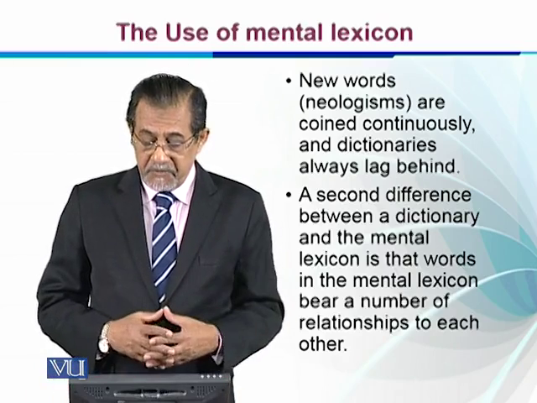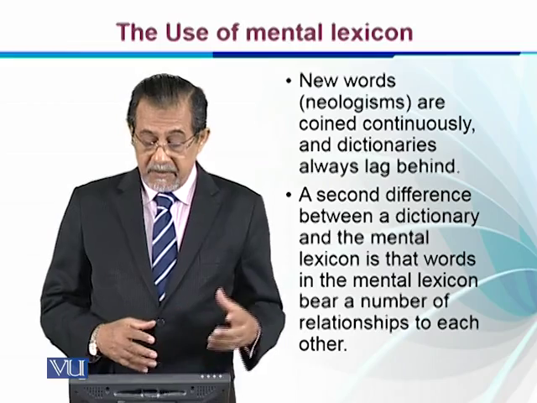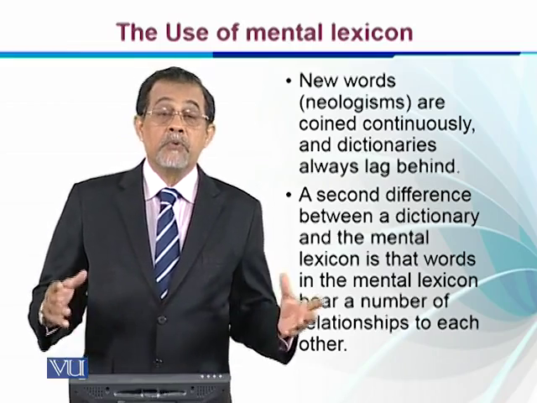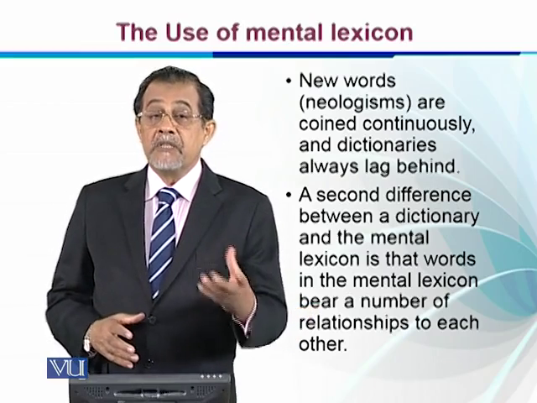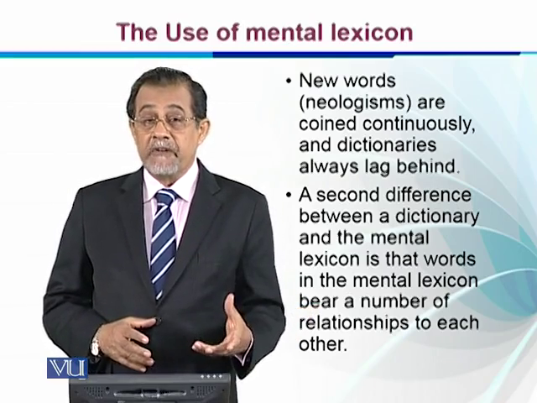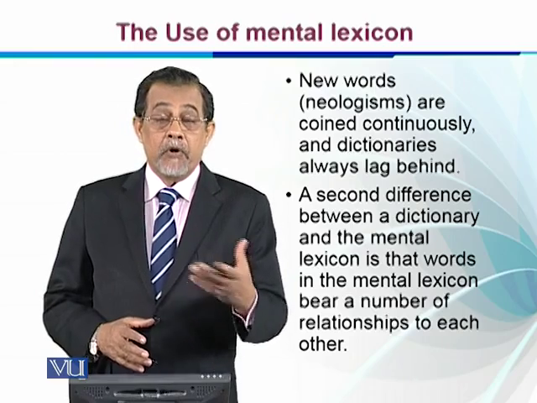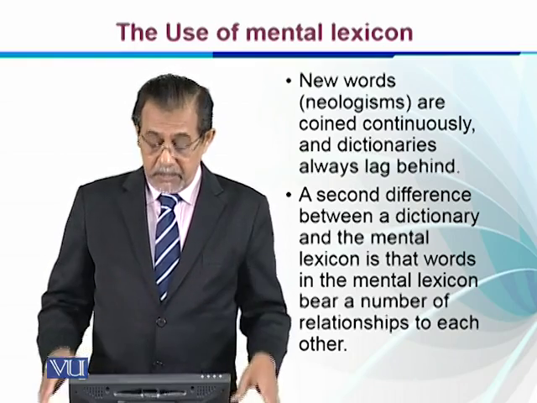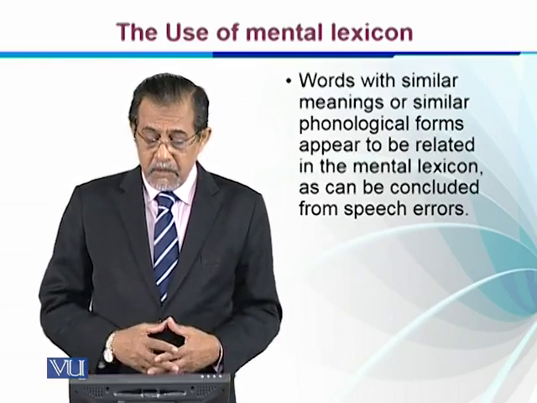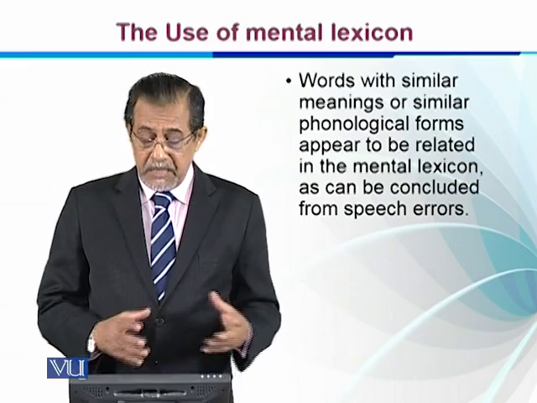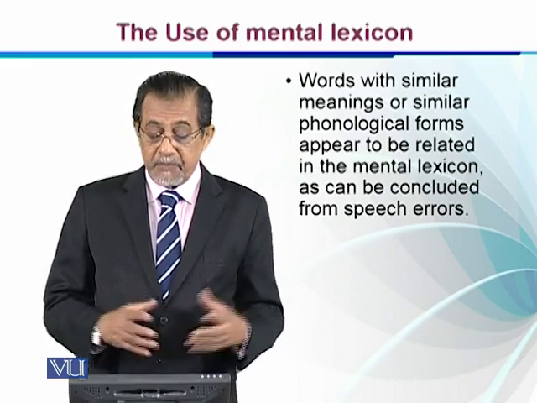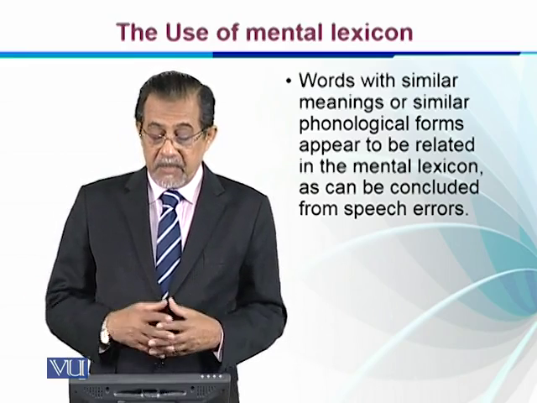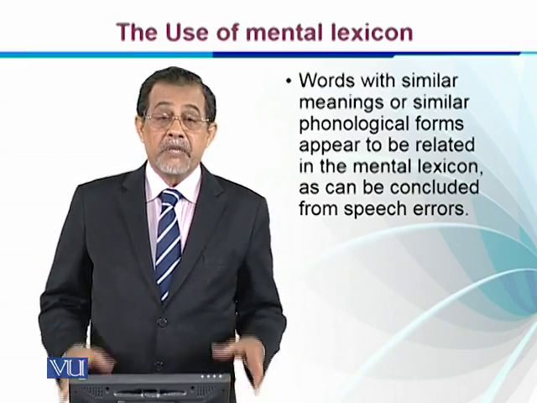A second difference between a dictionary and the mental lexicon is that words in the mental lexicon bear a number of relationships to each other on the basis of semantics, on the basis of phonology, on the basis of morphology. They have certain relationships with each other. Words with similar meanings or similar phonological forms appear to be related in the mental lexicon, as can be concluded from many speech errors.